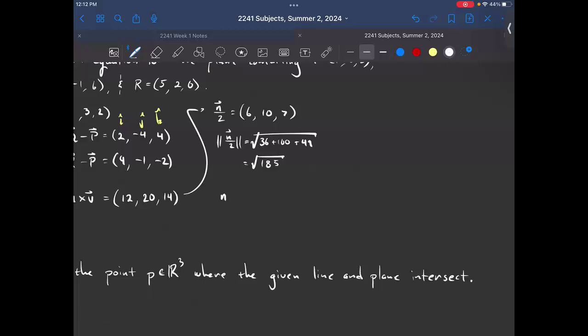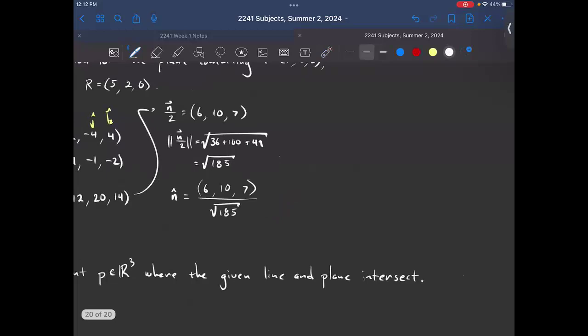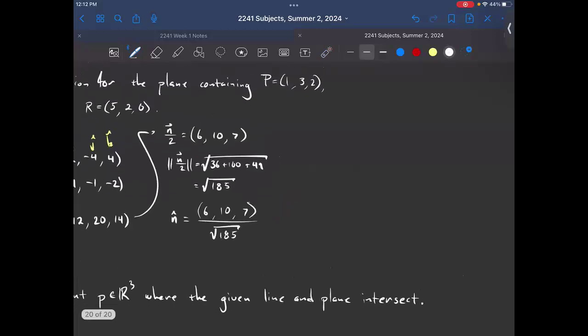And now we can make our unit vector n hat: 6, 10, 7, divide by the square root of 185. I know it looks a little bit worse actually, but this can be nicer for computing later on. So for now, we'll just write down the equation of a plane. This is, again, n dot r minus r0, and that should be equal to 0.